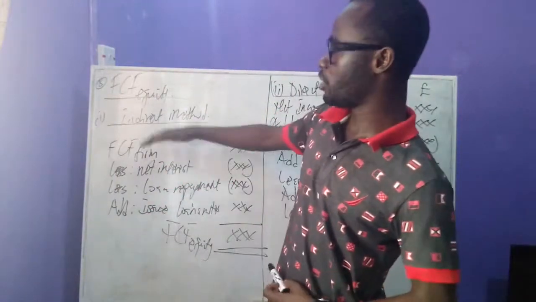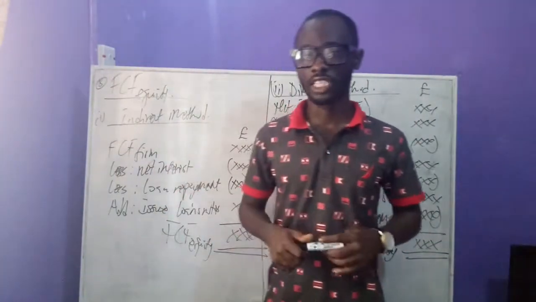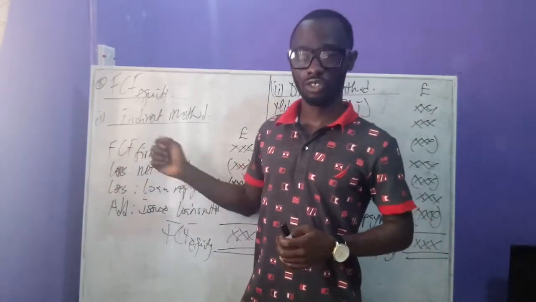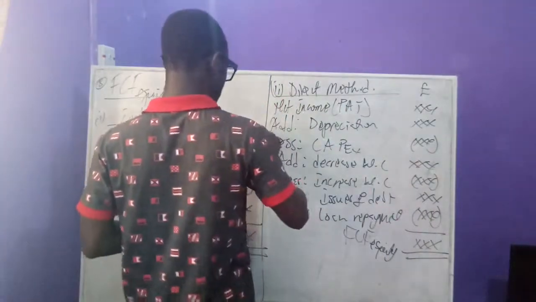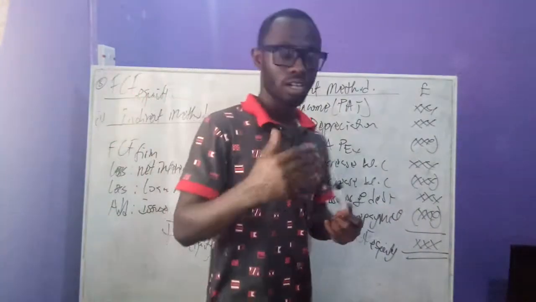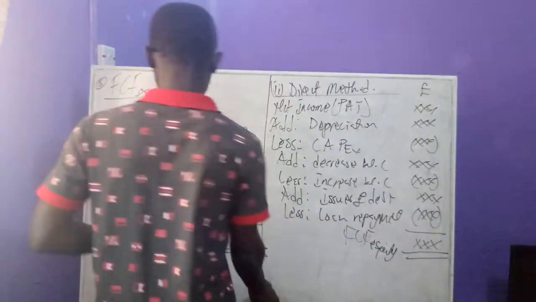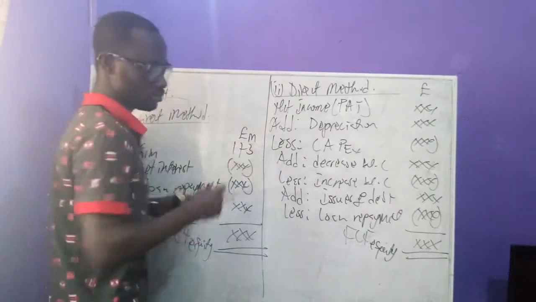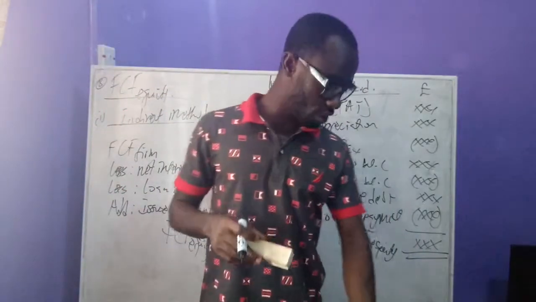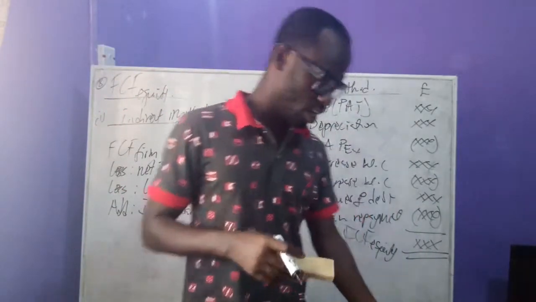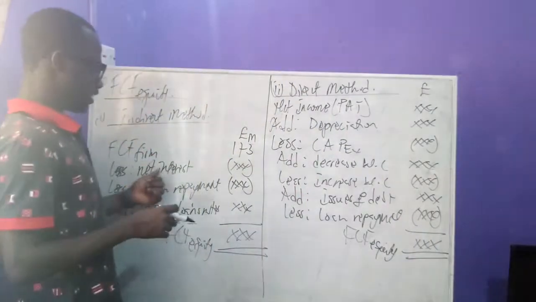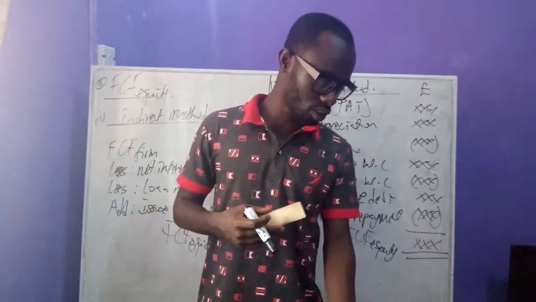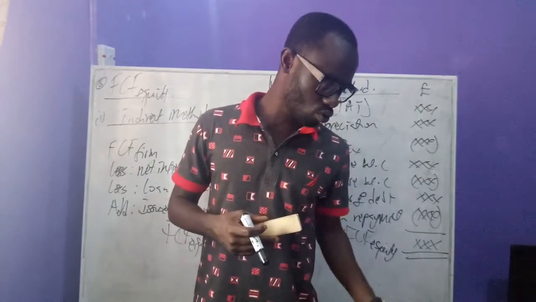Now, when we are using the indirect method to calculate the free cash flow to equity, we are going to start with free cash flow to firm, which I mentioned, when we calculate, we'll get 173. So we start with that 173. The next thing we bring from our pro forma is net interest. That is the interest net of tax. If you check from the question, we are told that the interest is 24.